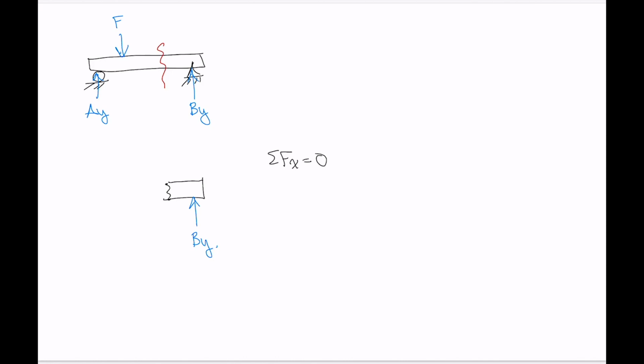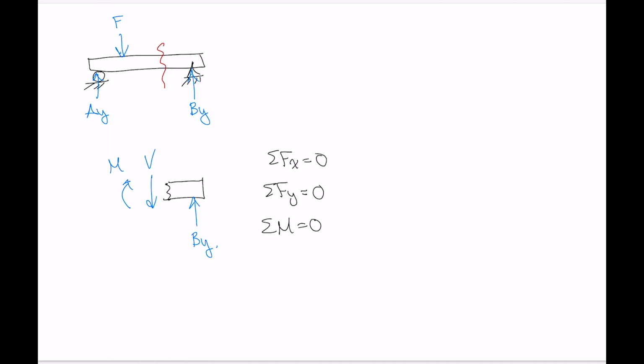So we also have to have, for static equilibrium, the sum of the forces in the y direction equals 0, which means that we need an internal shear force V there. And then about any point in this small section that I've drawn, the sum of the moments needs to be equal to 0. So here we need an internal moment M that would end up acting in that direction.